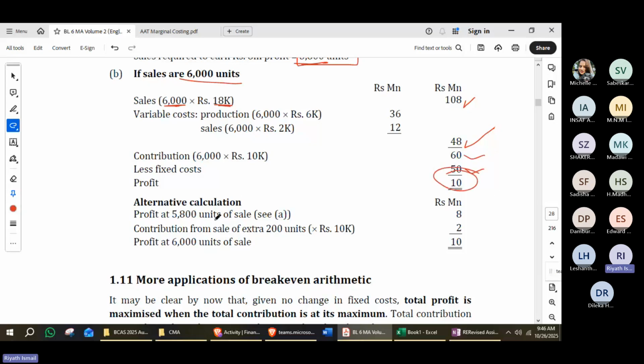Alternative way, profit at 5,800 units of sales is 8. Contribution from the extra 200 units, right? We already found that for 5,800 units the profit could be 8. To achieve 6,000 they have to increase by 200 units.